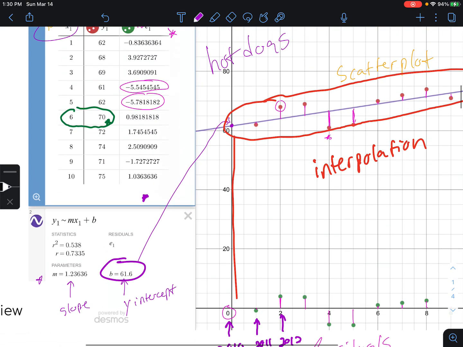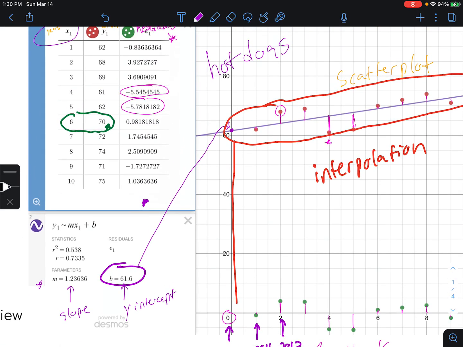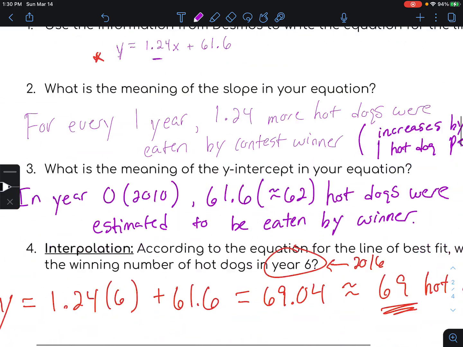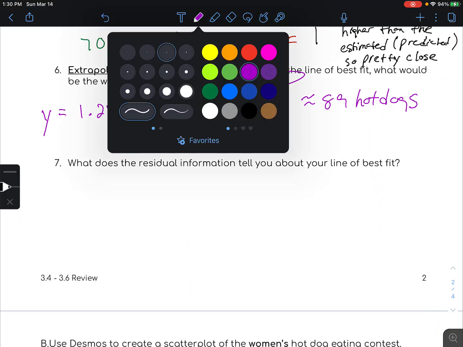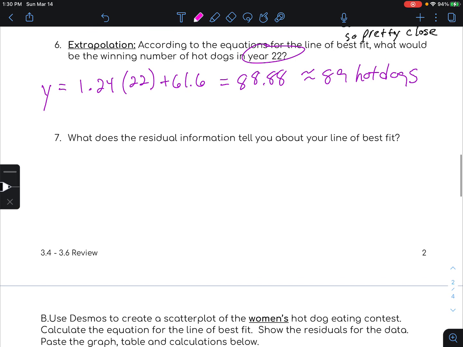So if the numbers are big, that means it's not very close to the prediction. If the residuals are big, then that means that the prediction and the actuals are pretty far off. The closer they are, the better. That means we have a little bit more confidence. So let's write a little series of sentences to explain that here.